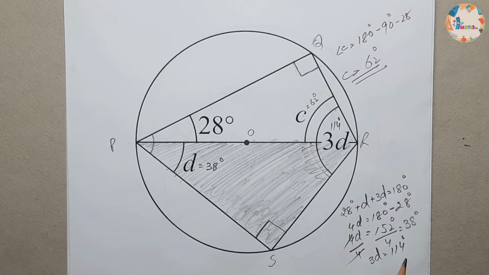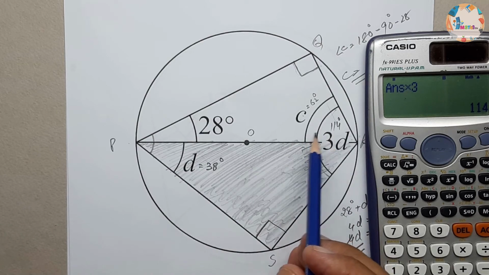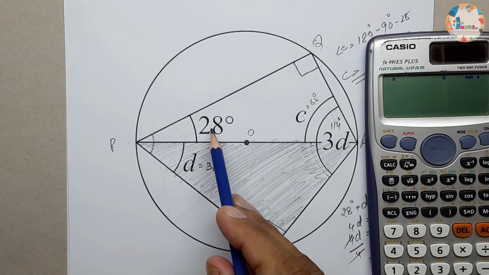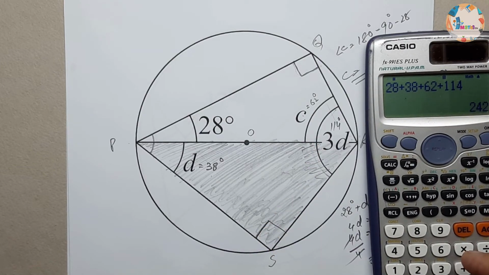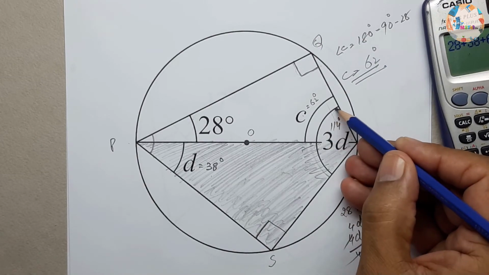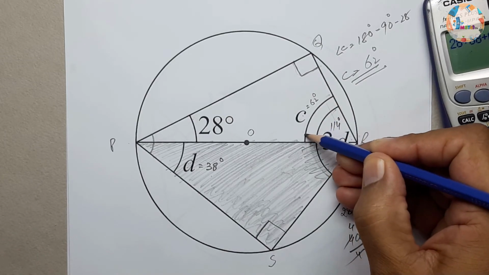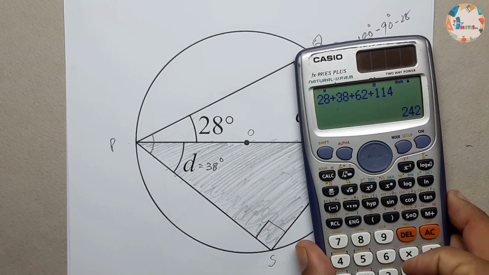Now we are done with the question, but when you are sitting in the exam, it is better to double check the values. Whatever you found, are they adding up to 180 degrees? This is 28 plus 38 plus 62 plus 114. This is not adding up, because here we are double adding. The C value we do not have to add, because this is 114, so we will not add this 62.